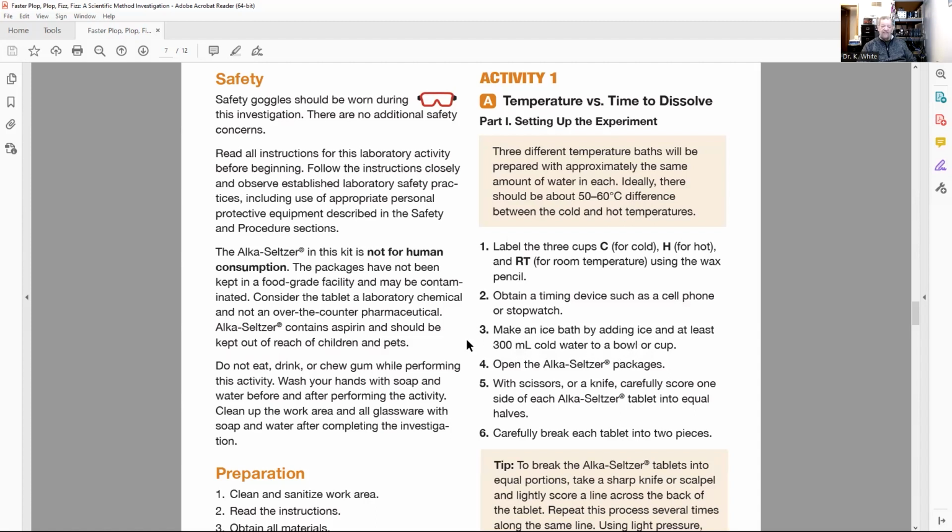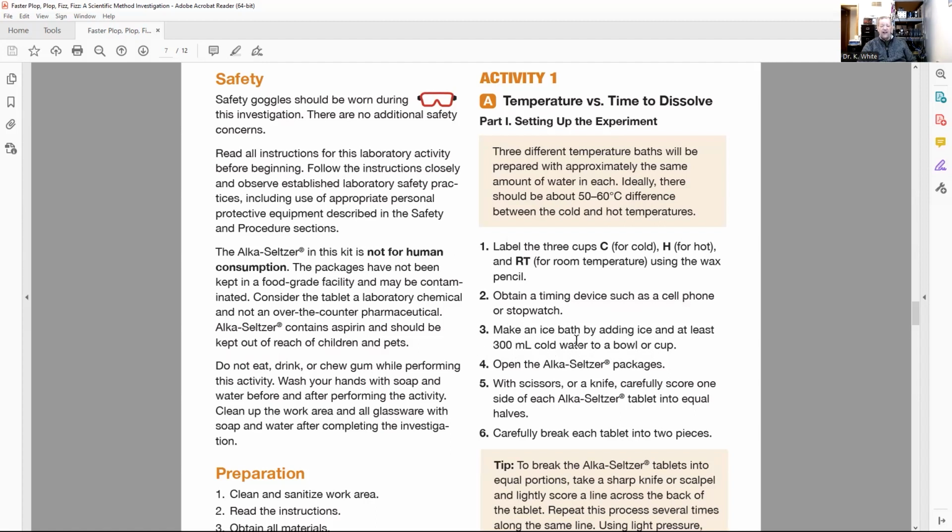I think you all have access to ice cubes. If not, take one of these and put it in the freezer with some water, with some foil or something on top so it doesn't spill. And then when it comes out ice, break it up with the hammer or whatever you have. A rolling pin would be better.